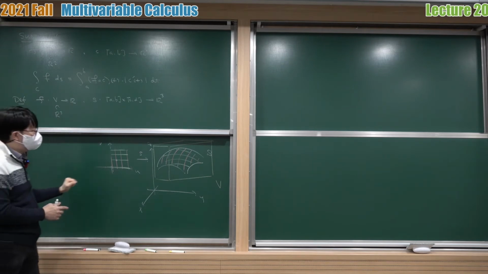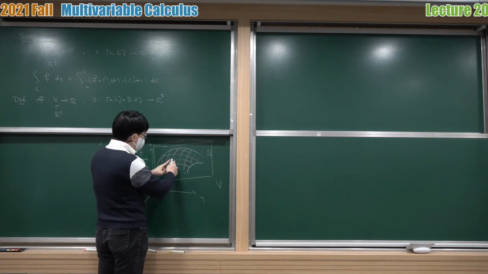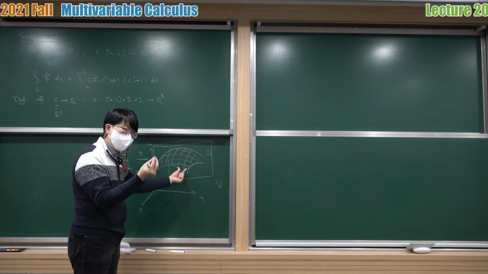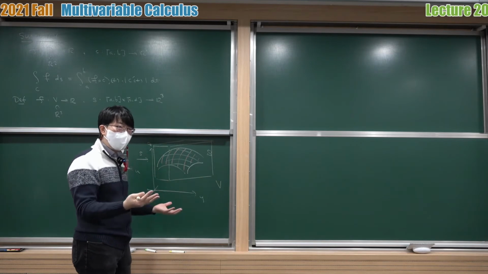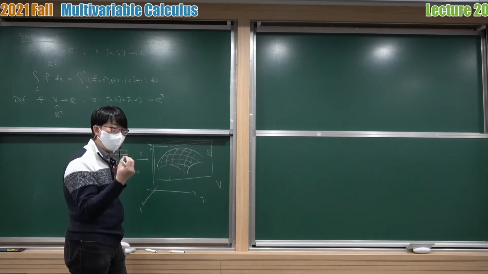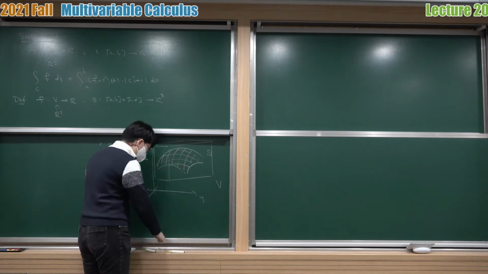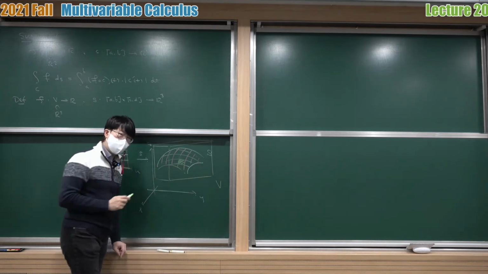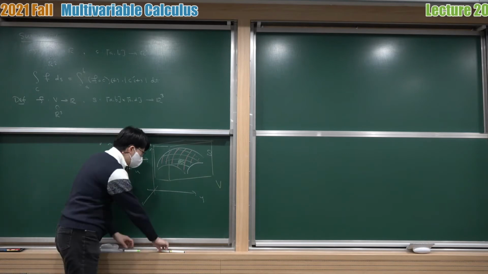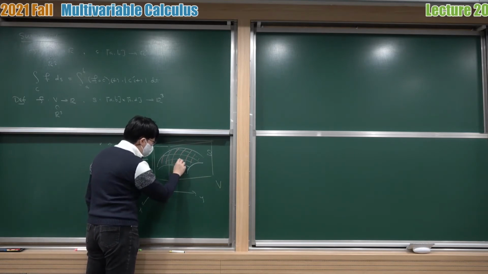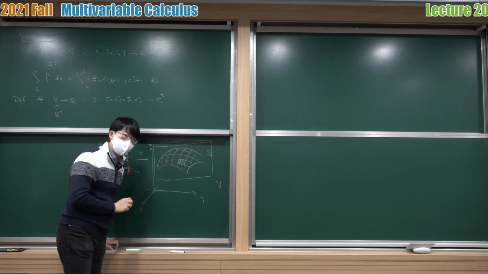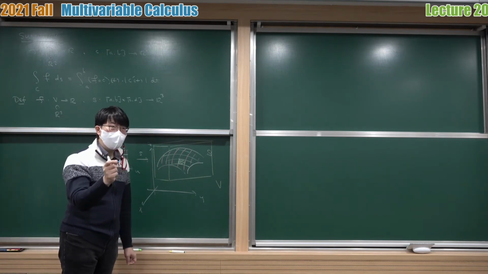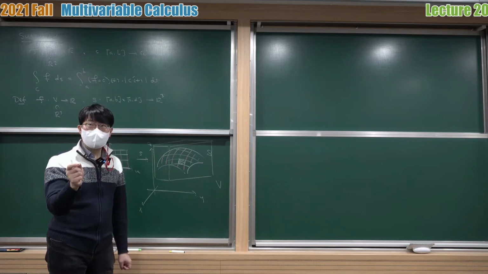So that means if I add up all the small masses of the surface, then I get the entire mass of the surface. And in order to get a small mass of a small portion of the surface, I need to find out the area of this small portion of the surface and then multiply that with the point density to get the approximate mass of the surface.